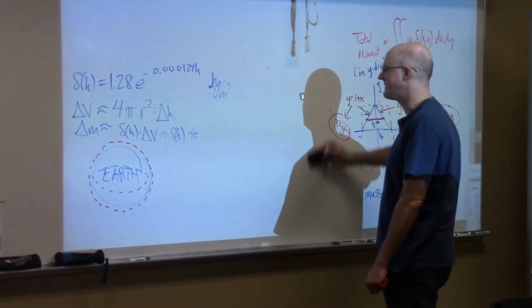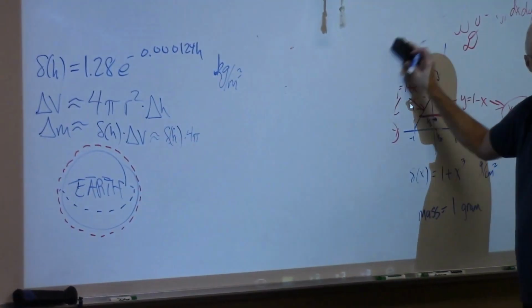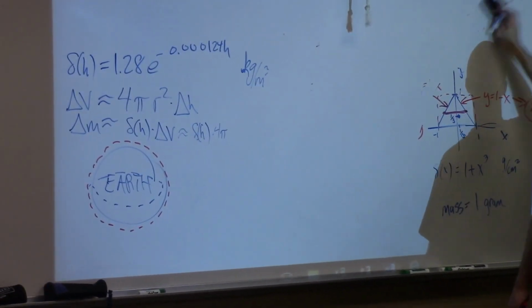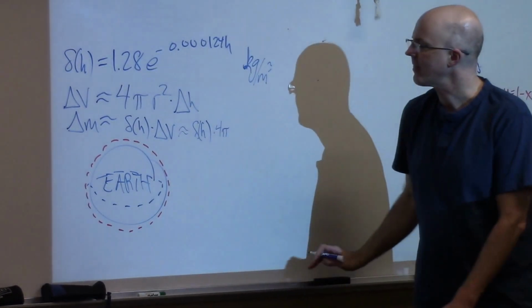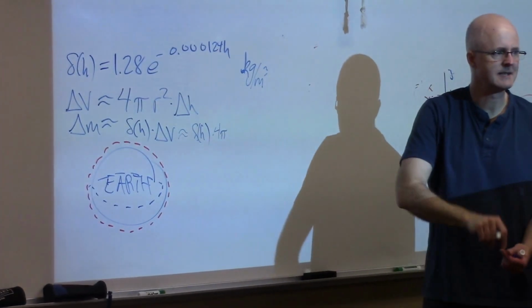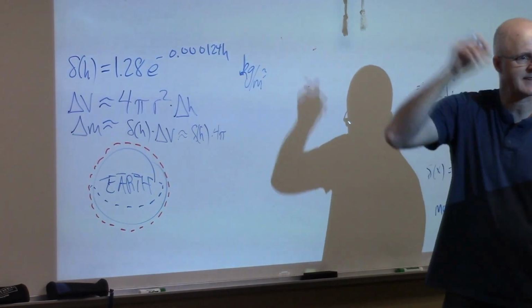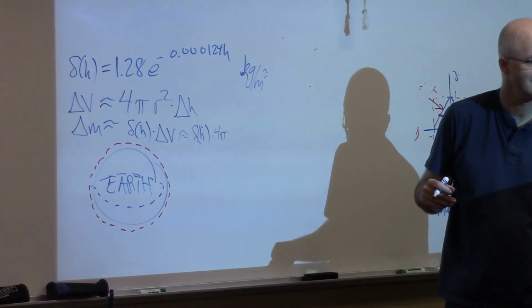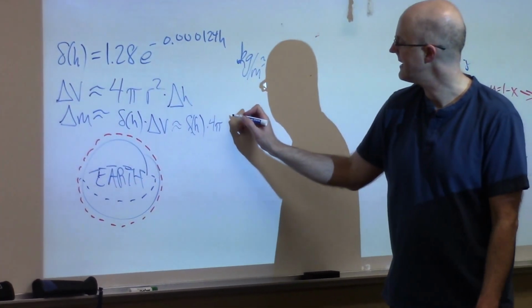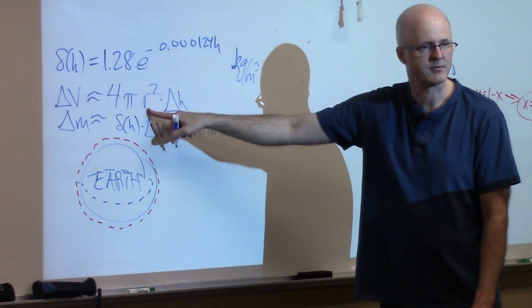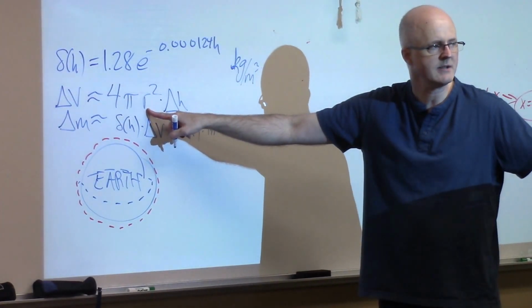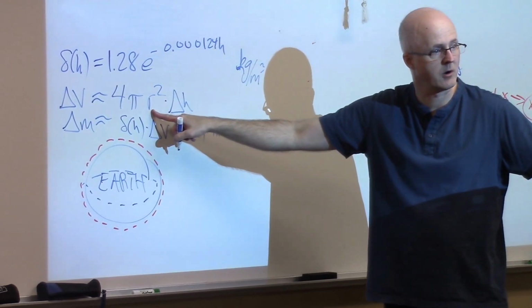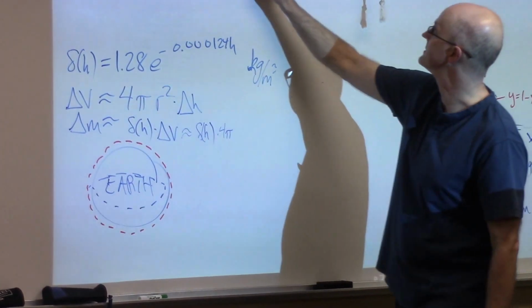But since I'm going to have a delta H in there, really I'd want to get r in terms of H, wouldn't I? R is the radius, the distance between the thin shell and the center of the Earth. Really, I need an expression for r as a function of H. Now the book gives you the information that the radius of the whole Earth is about 6,400 kilometers.